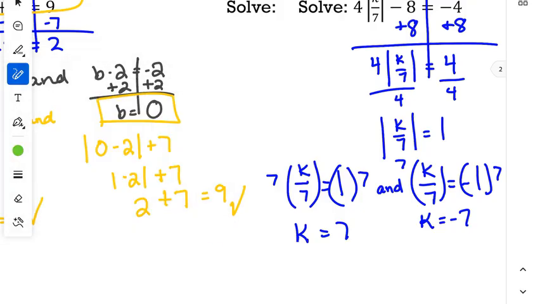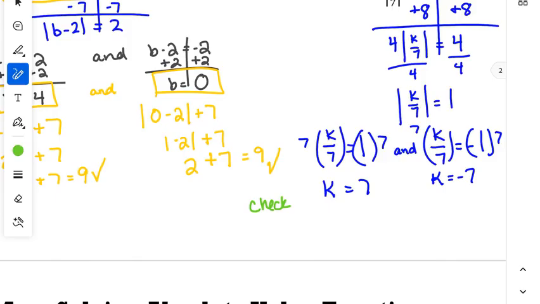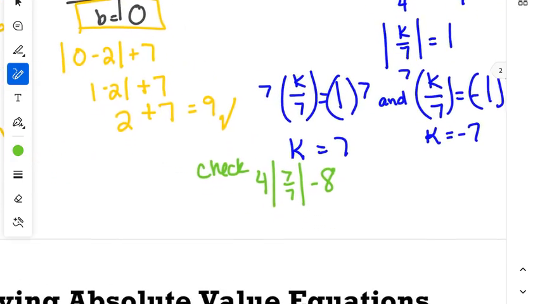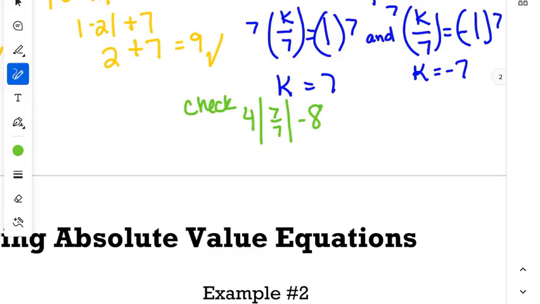All right, so let's check it. So it would be 4 times absolute value of 7 over 7 minus 8. 7 over 7 is 1. So it's 4 times the absolute value of 1, which is just 4, because absolute value of 1 is 1. So it's 4 times 1 minus 8. It equals negative 4.